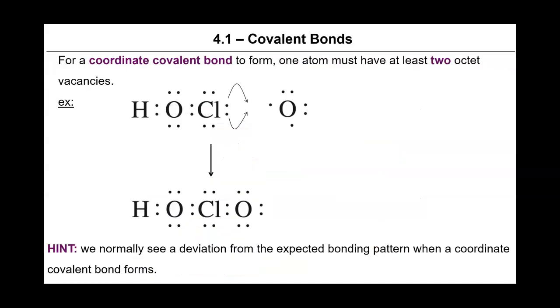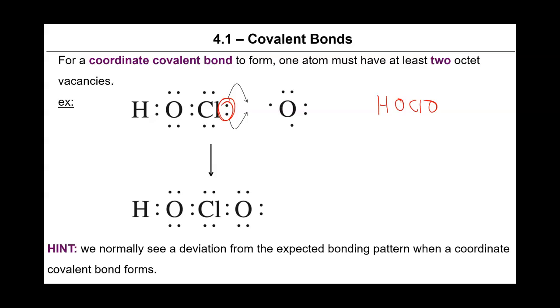So here's an example. This is an acid, HOClO. It definitely exists. And what happens when this compound forms is the chlorine contributes both of the electrons that end up being shared between the oxygen and the chlorine.